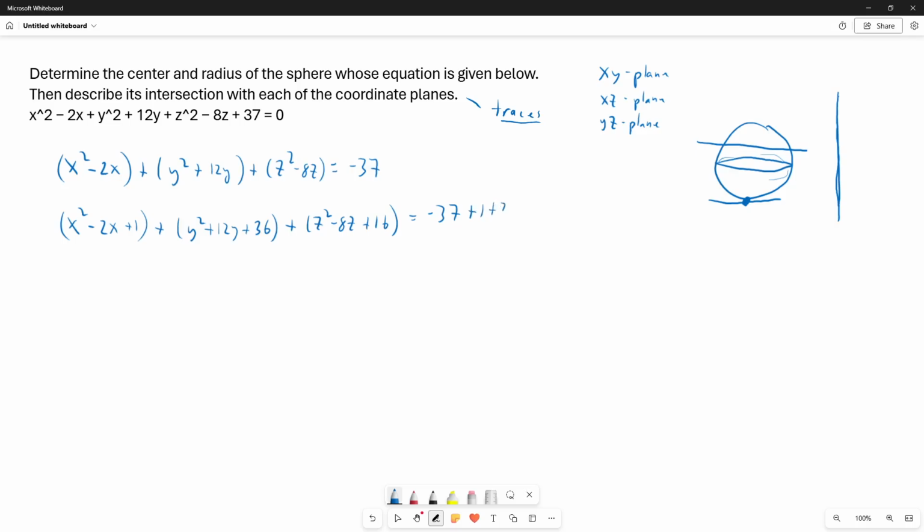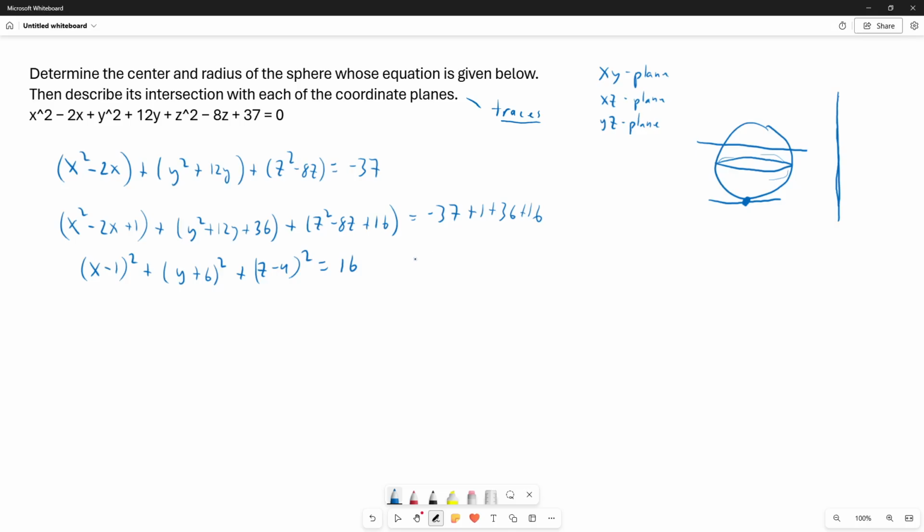And this gives us (x minus 1) squared plus (y plus 6) squared plus (z minus 4) squared is equal to, this is exactly 16. These two add 37 and cancel.